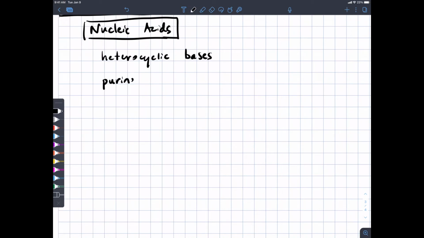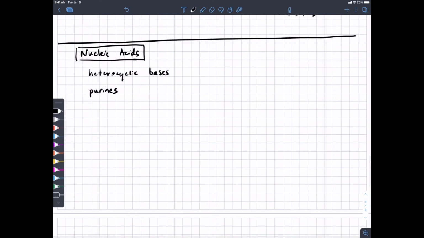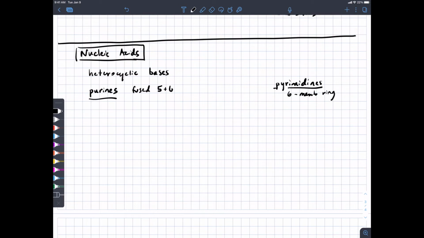There are the purines and the pyrimidines. You will encounter that term, but I'm not going to ask you to memorize it. Pyrimidines are simply 6-membered rings. Purines are fused 5 plus 6-membered rings that share one side.